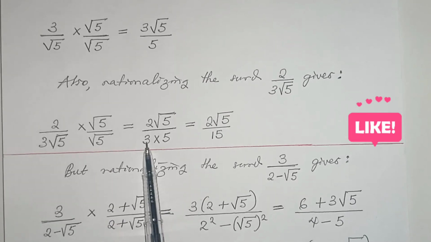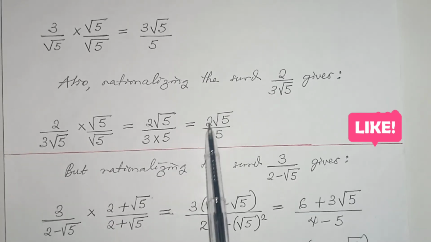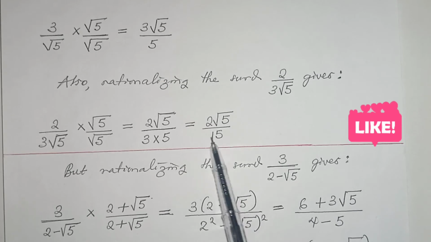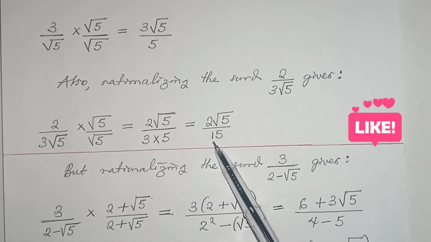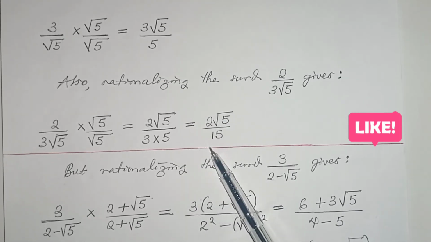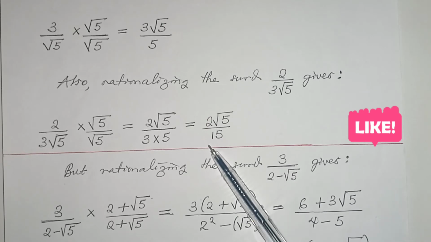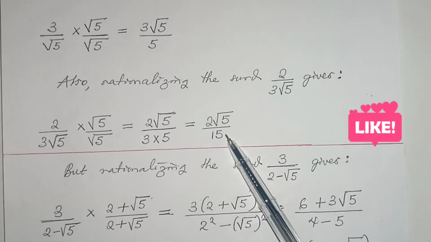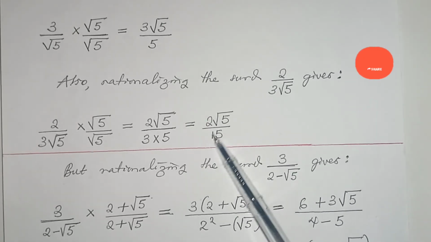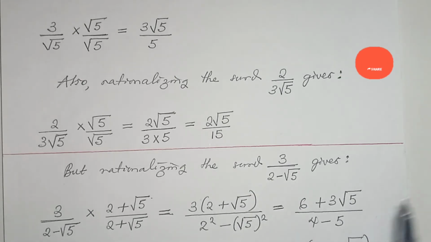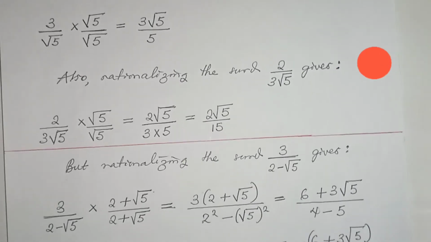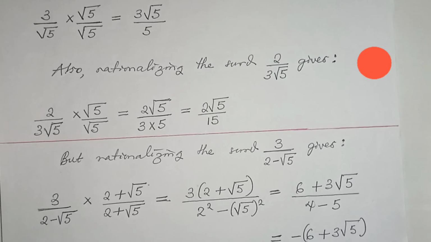Then multiply it by 3, that gives you 15, and the result becomes 2 root 5 over 15. Now notice this surd, 2 root 5 over 15, is now rationalized. Why is it rationalized? It is simply because the denominator is no more a surd. So making a surd rationalized simply means making its denominator no more a surd.